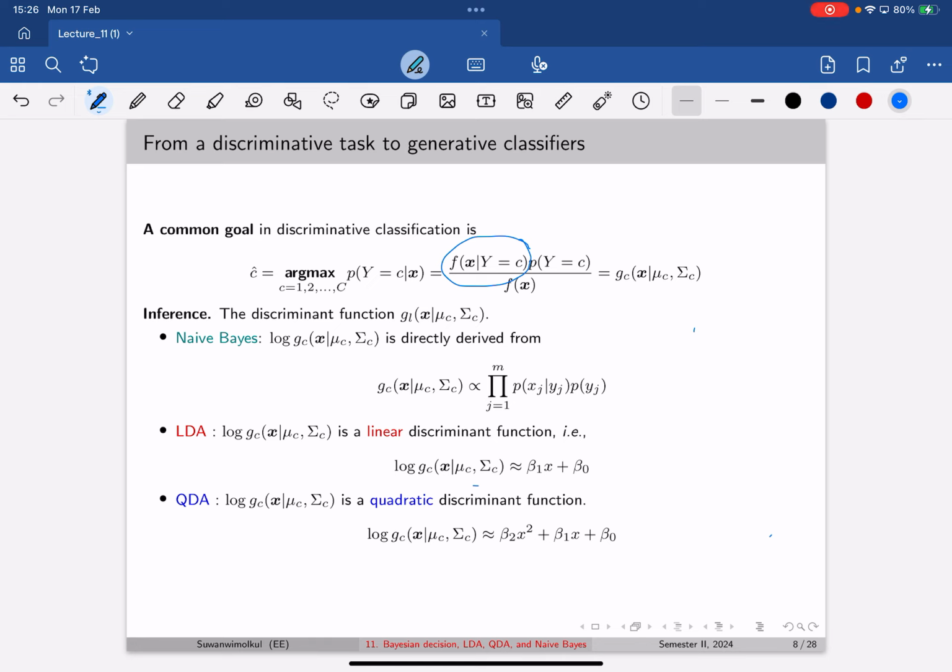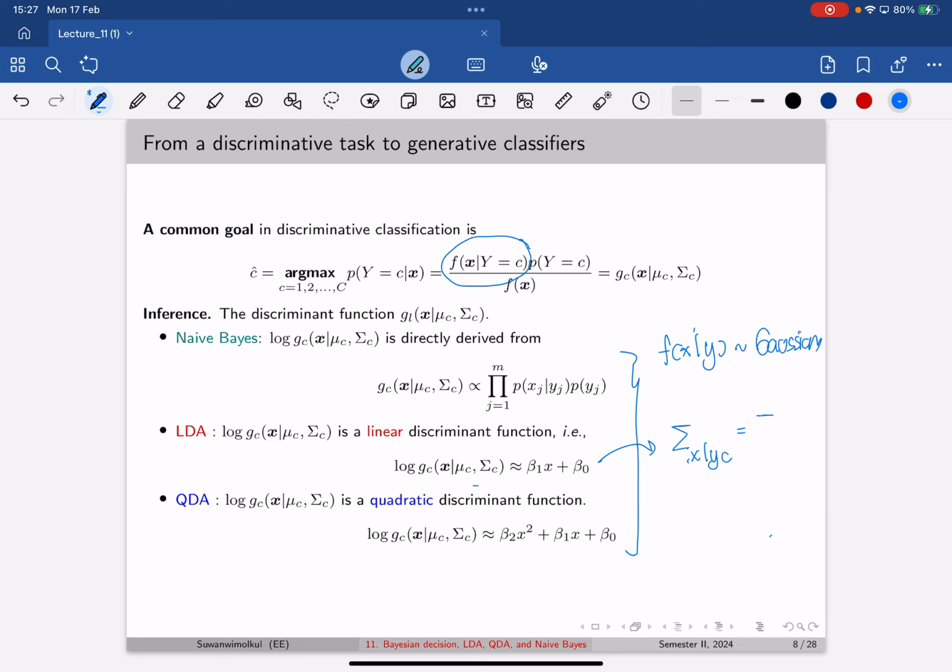They could all be equivalent if we use f of x given y being Gaussian. But the difference is that for LDA, they assume that the covariance matrix of x given y is the same regardless of the class.